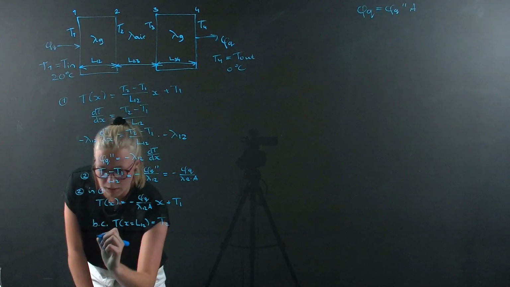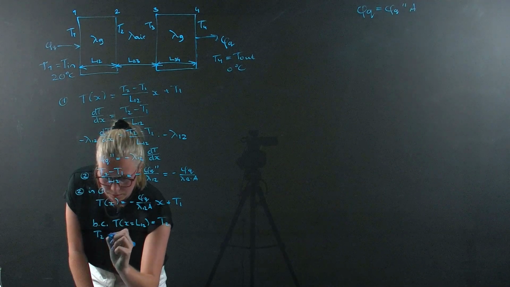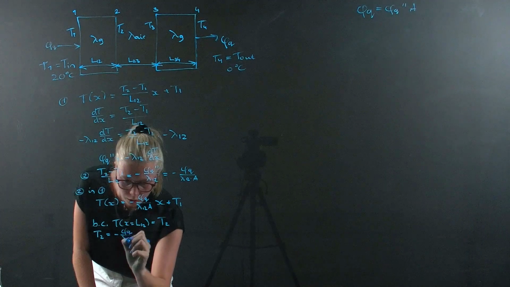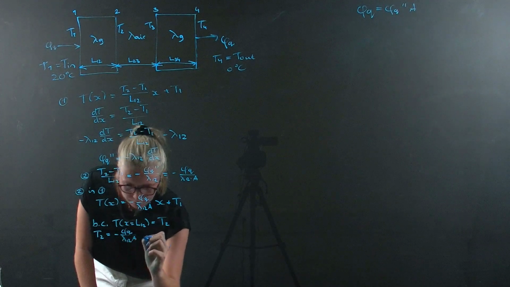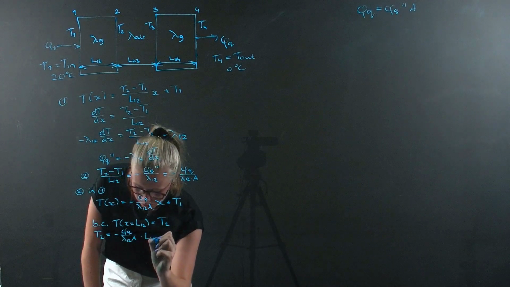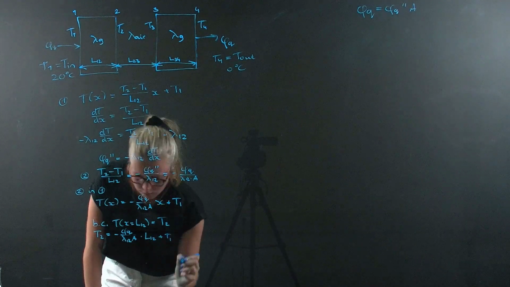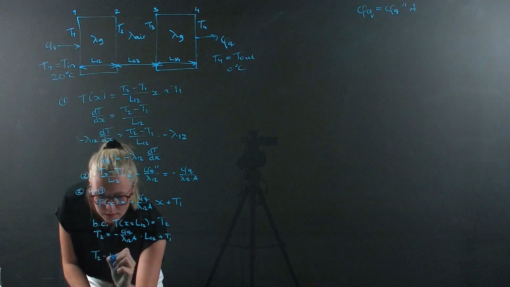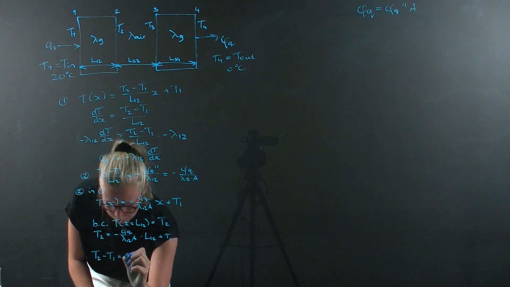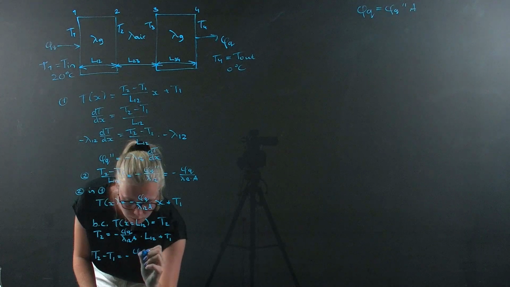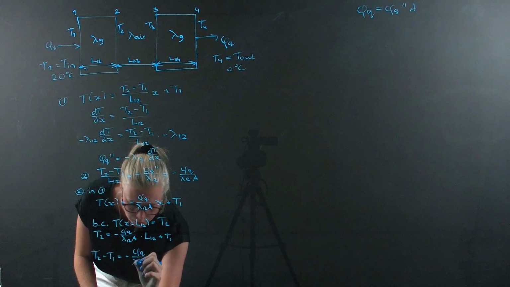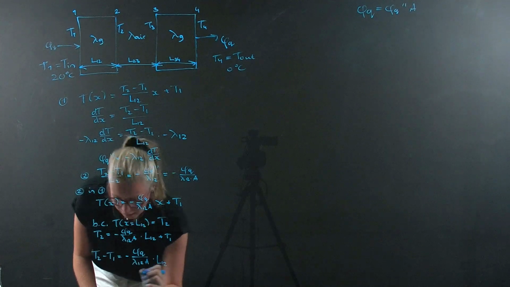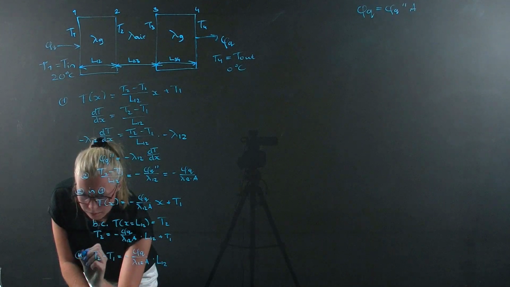And when we fill this in, we find that T2 is equal to minus Φq over lambda 12 times A times L12 plus T1. When we rewrite this equation, we find that T2 minus T1 is equal to minus the rate of heat loss over lambda 12 times A times L12, and we call this equation 4.